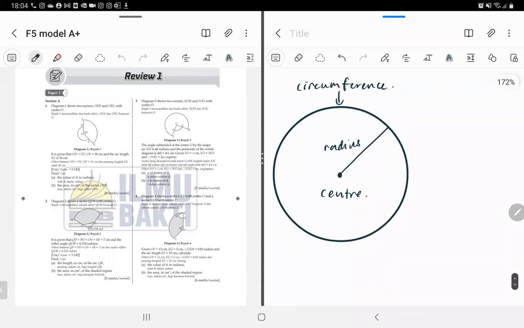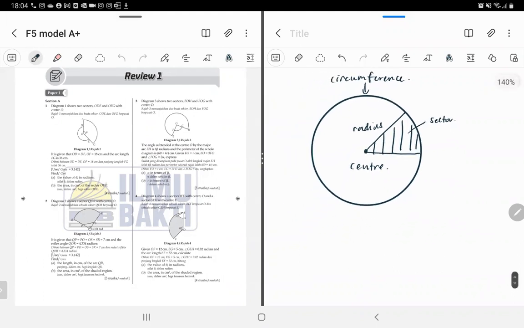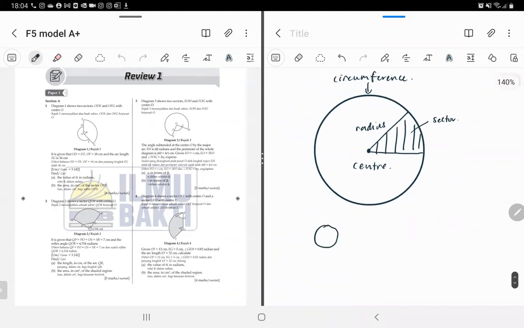And then if you have something like this, okay, then this part we call a sector. Okay, so if the whole line of a circle is called circumference, then part of the circumference will be an arc.